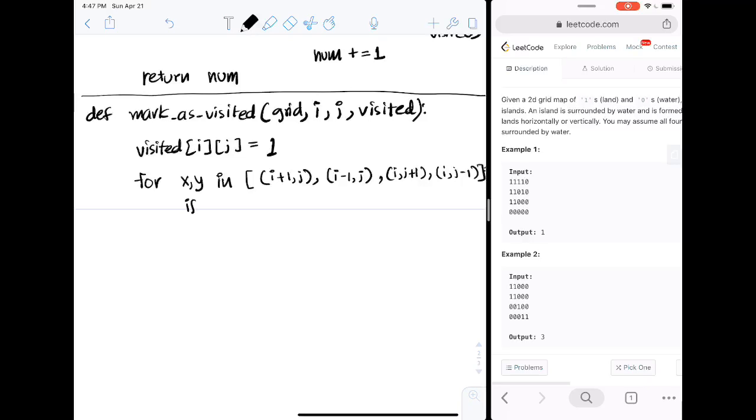Then I'll say if x, y is in grid, then also mark these as visited recursively. So I'm taking a DFS approach here.